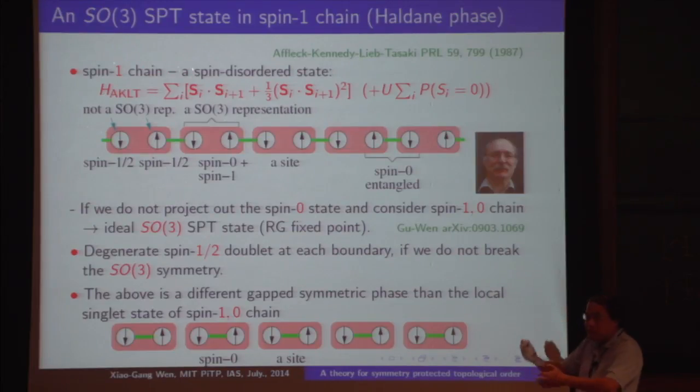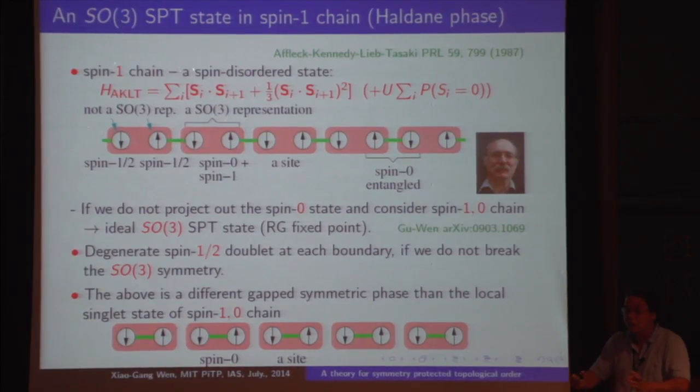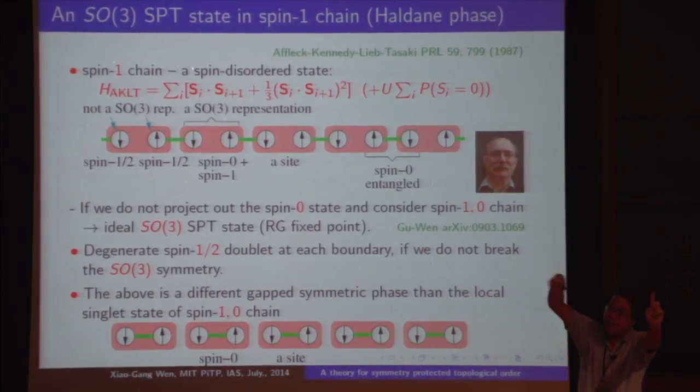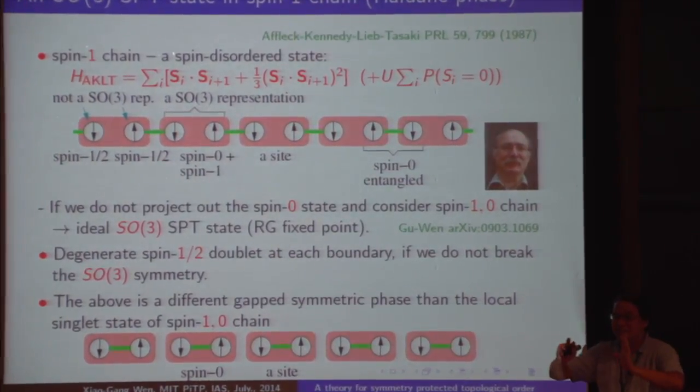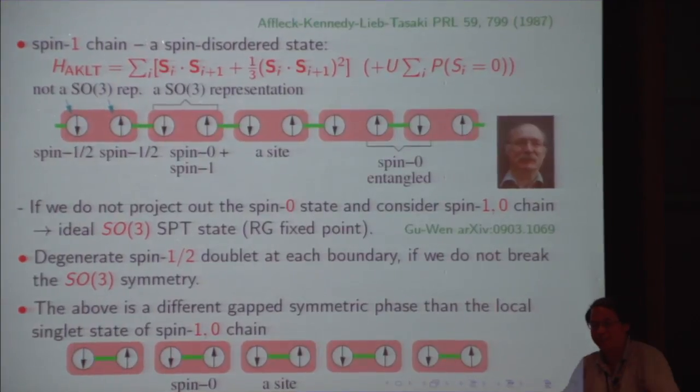And the Haldane phase is a phase of a spin 1 chain first. But to really have a picture of the spin 1 wave function, which is disordered: when you have a spin 1 chain, it's easy to see an ordered state, like up and down, that's an antiferromagnetic state. We usually understand that very well, but that's a product state.